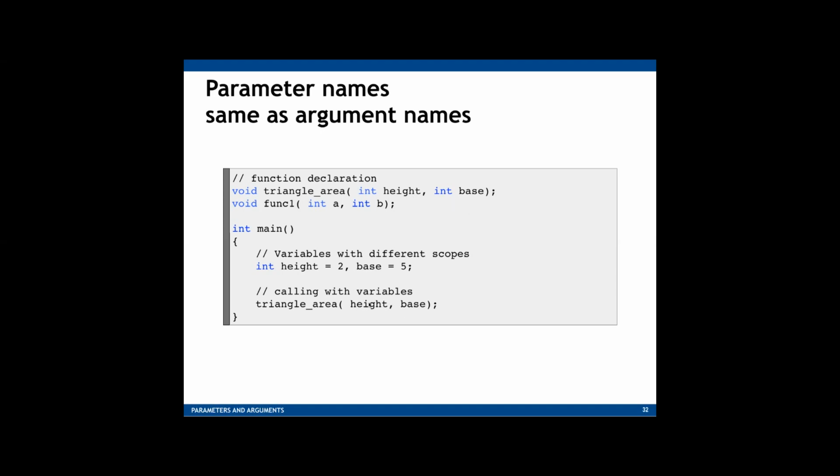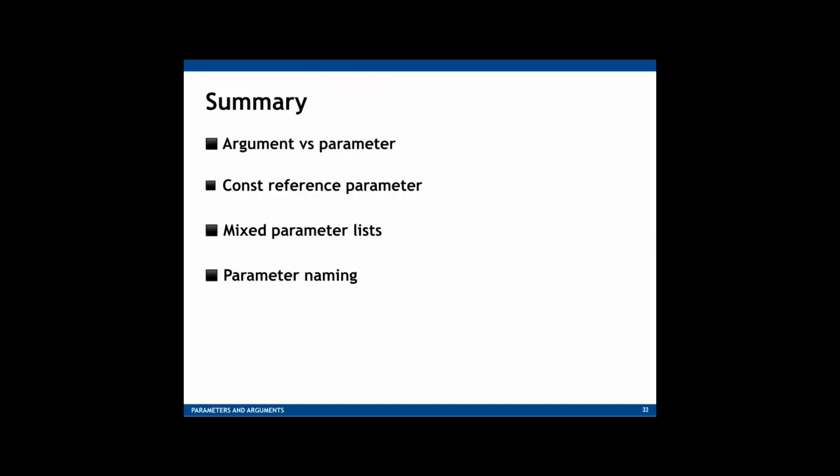As you can see, the argument names and the parameter names are the same. So it's perfectly fine to do this naming. You can always give an argument name to a parameter. It's syntactically correct.